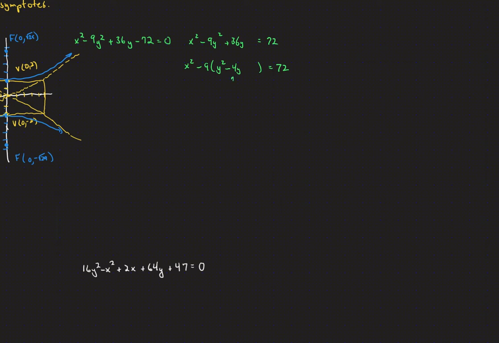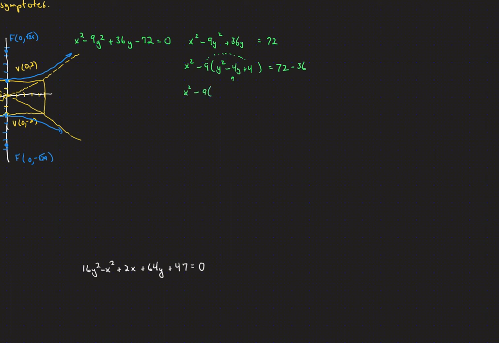We're going to take half the middle term, which is 2. Squared is 4. That 4 is going to get multiplied by a negative 9, which is negative 36. So adding the 4 in there is changing the left side by a negative 36. So we'll do the same thing to the other side.